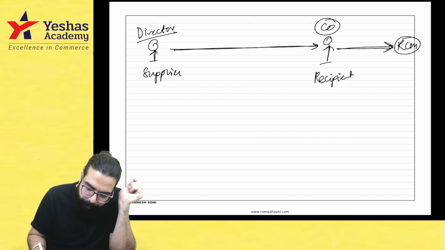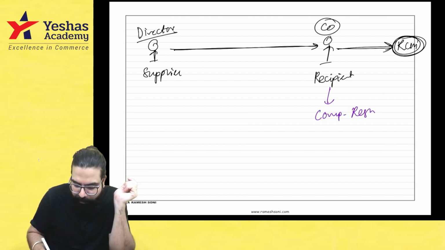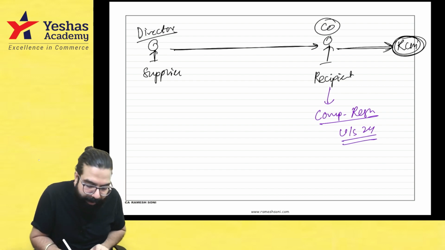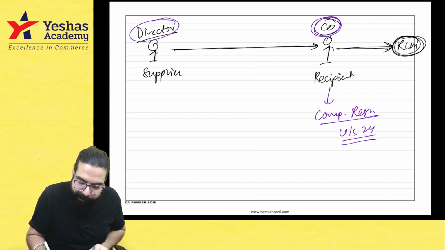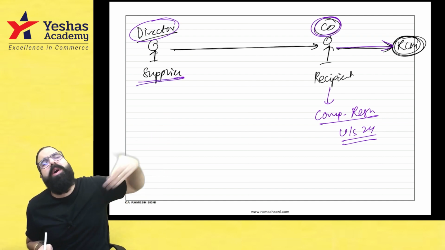Always the company has to pay GST under RCM. So, sir, here we had learned that a company has to take compulsory registration, and that was told under section number 24. They had told that if you are a director and the company is paying the GST under RCM on your services, why should I take registration?